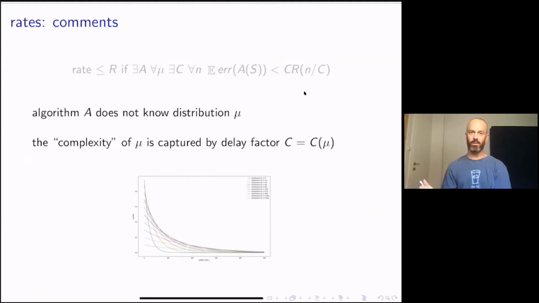It does not know the distribution. Another comment is that we can think about this constant C as measuring the complexity of the distribution mu. The larger this constant is, the more difficult it is to learn this distribution.